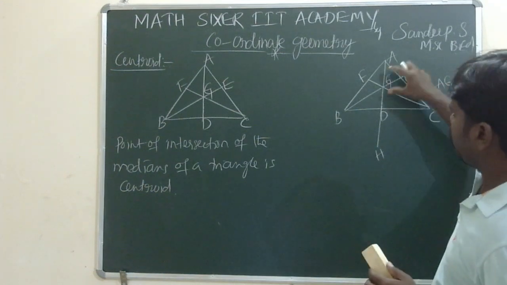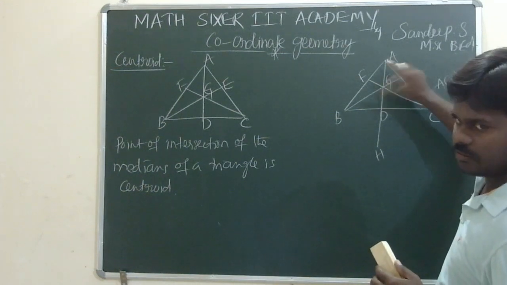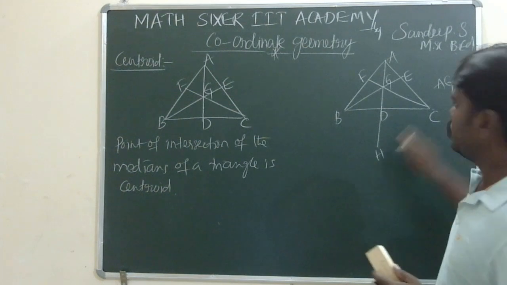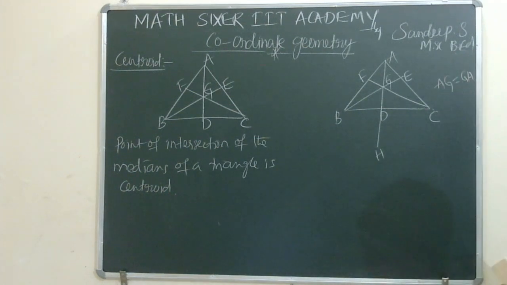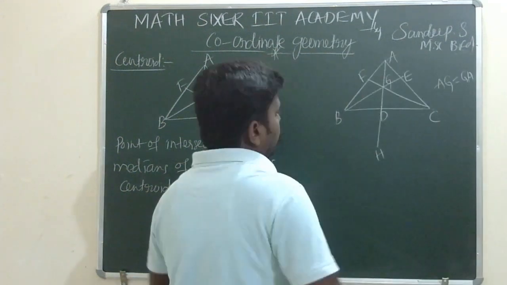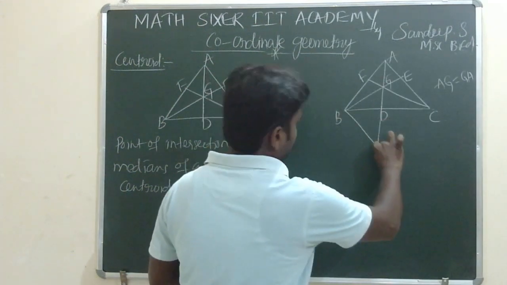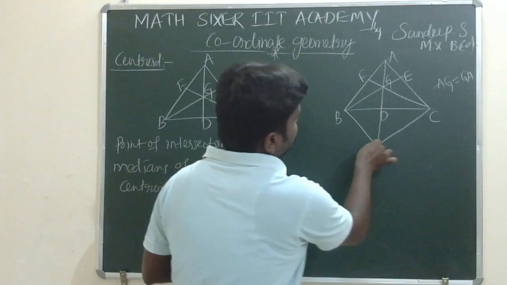Okay, I am extending AD up to the point H such that AG is equal to GH. So join BH and CH.